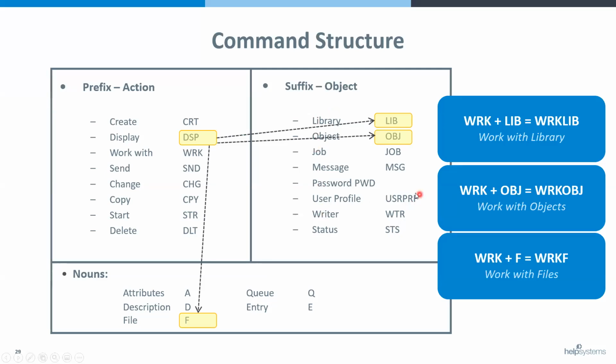That might be an exception, since that's a 6-character object name. And then finally, the third part is the noun. For instance, display file, or work with routing entry. So those are a combination of these 3 categories: action, object, and noun.